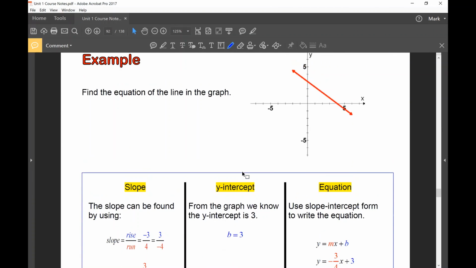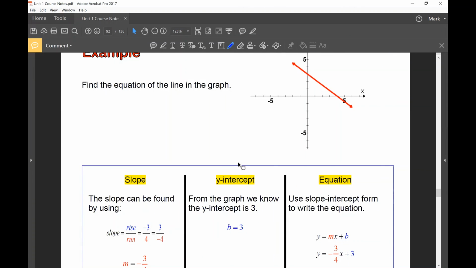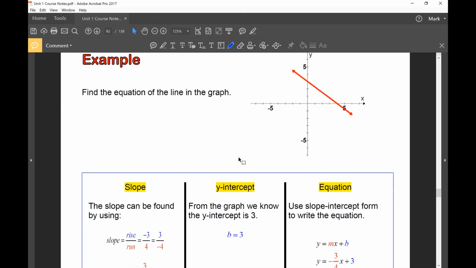Let's look at this and put together what we just learned. I want to calculate the equation of this graph using the information that I just learned. I know that y is equal to mx plus b, and I want to find the equation of this line. This is probably pretty easy for some of you.